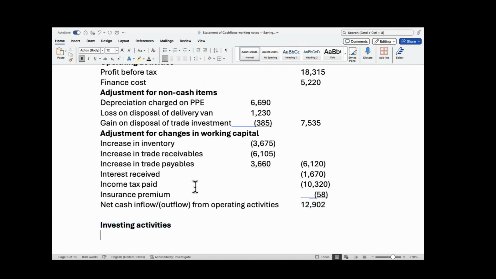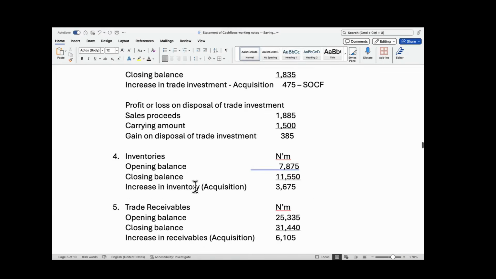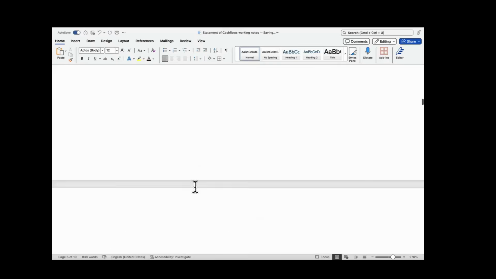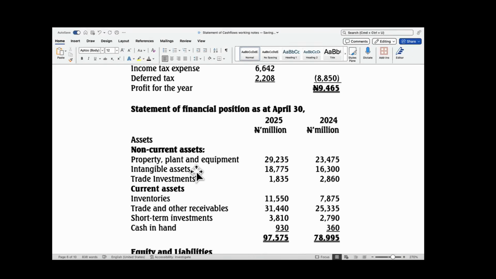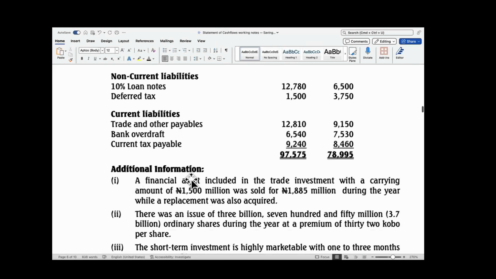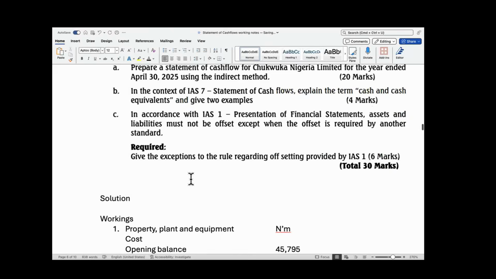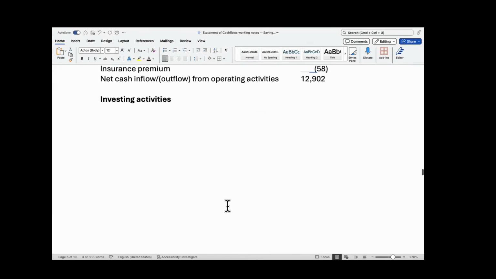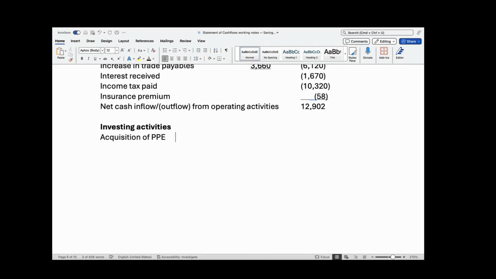And I told you that the items in investing activities are obtained from the asset portion of the statement of financial position. And thankfully, I have done my analysis of all of them. So I just need to go and be picking the movement. First, I look at the acquisition of PP of 14,115. I put it there.